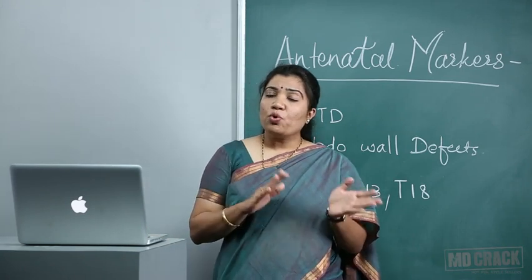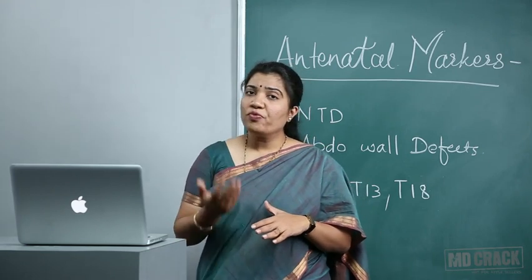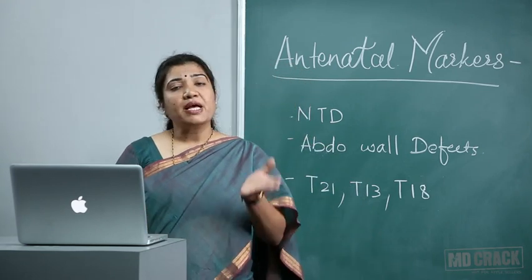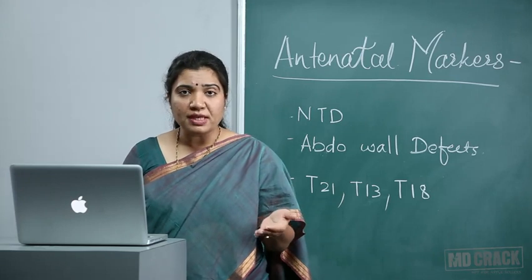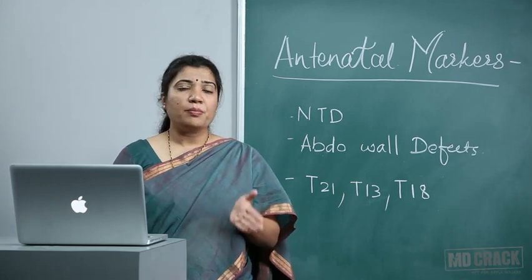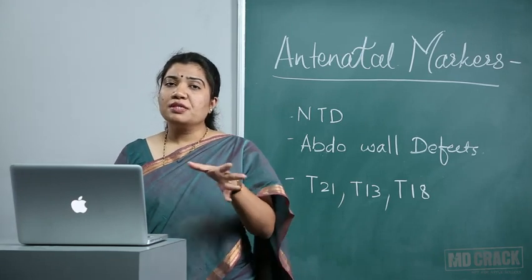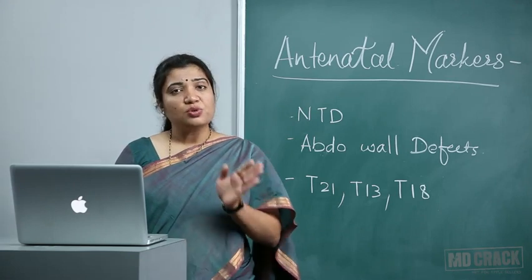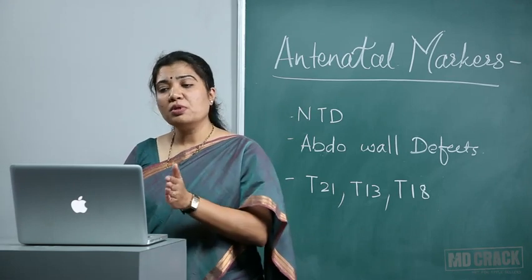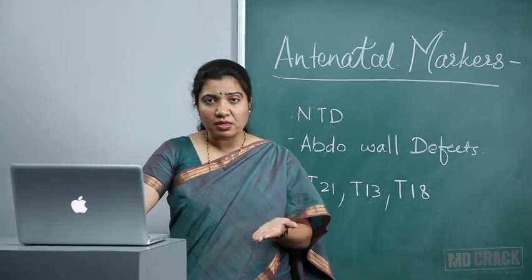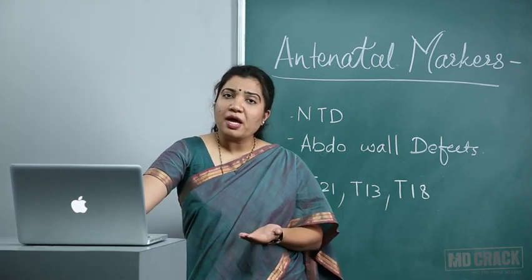Omphalocele has a sac, but in gastroschisis the abdominal wall is absent. There is a paramedian umbilical defect and the intestines are free floating outside. So in this case, maximum alpha fetoprotein will reach the maternal circulation and the levels would be high.